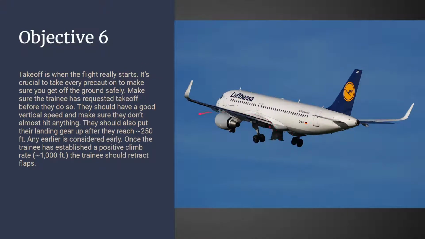It is important to take every precaution to make sure you have a safe takeoff. Pilots should have a good vertical speed, like this plane in the image. We cannot have a vertical speed that is steep like this, because that is not very good, nor a flat vertical speed, because then altitude will be a bit of a struggle.